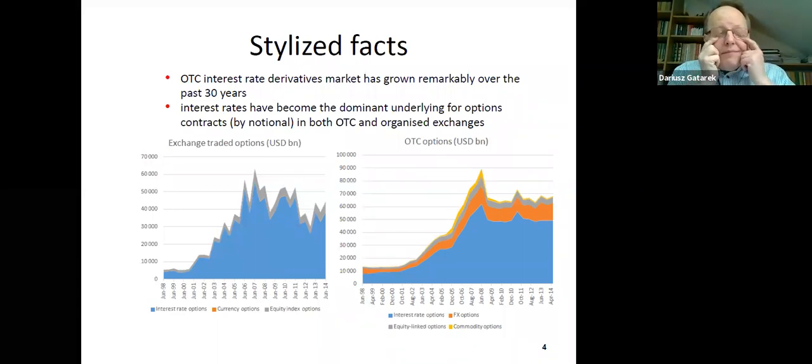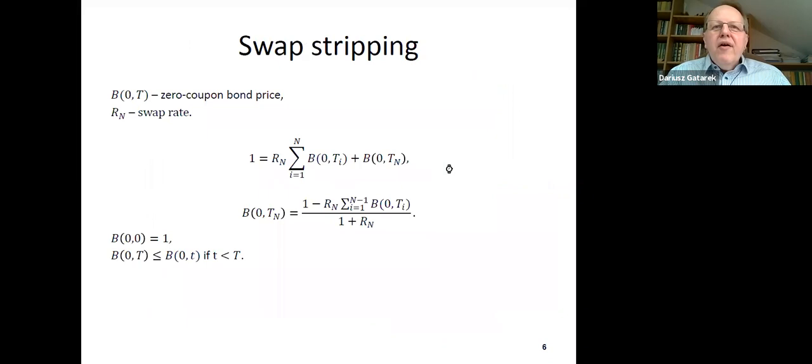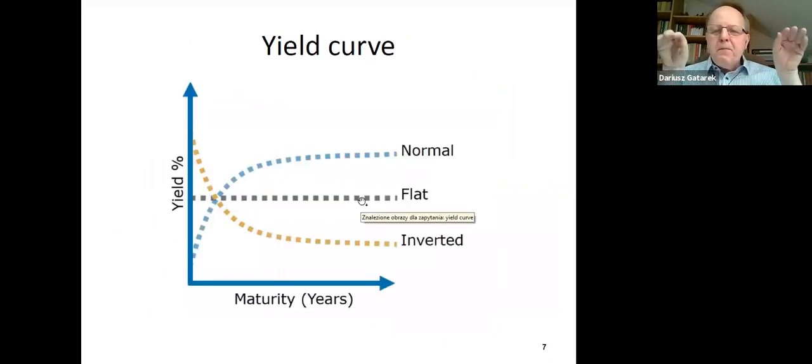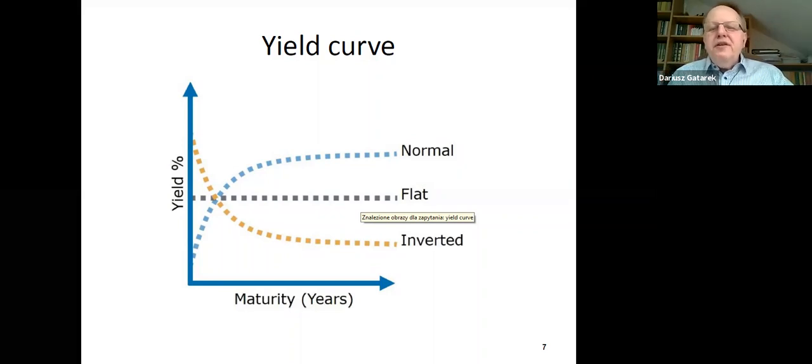In equities, exchange and foreign currencies, we've got only one price which moves up and down. That's the stock price or the exchange rate of the currency. Here we have a whole composite structure, the term structure of interest rates, which moves. So this is a movement in infinite dimensional space.